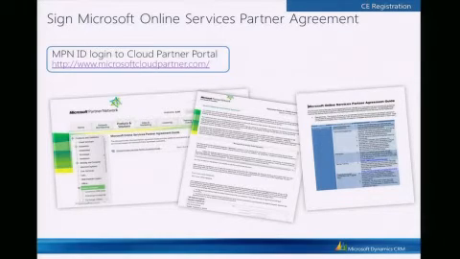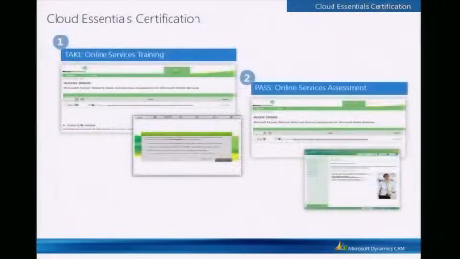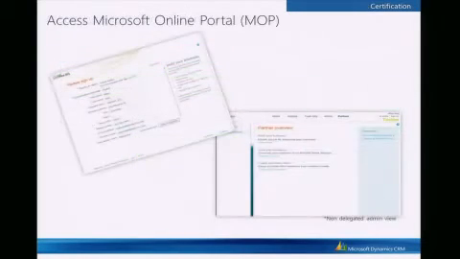All you need to do is go to microsoftcloudpartner.com, identify the MOSPA agreement, the Microsoft Online Services Partner Agreement, read the agreement, take the Cloud Essentials certification training, pass the Online Services Assessment, a 25-question exam, and once you receive confirmation that you've passed the exam, sign in to the Microsoft Online Portal.